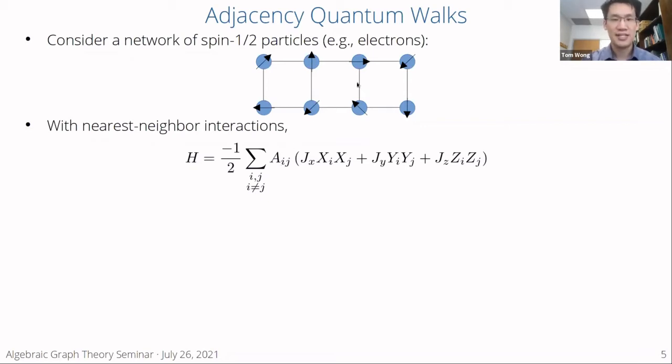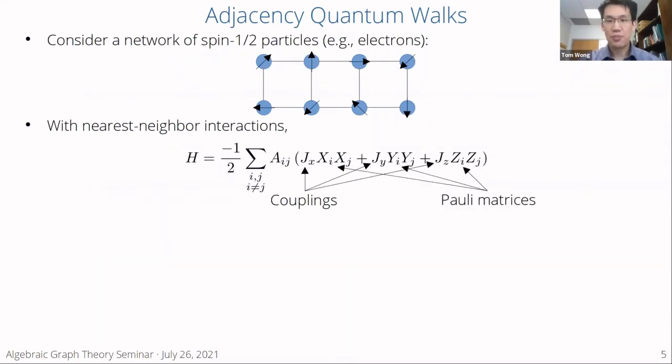If they're not adjacent to each other, then this term will be 0, so there won't be any interaction. These terms Jx, Jy, Jz are couplings that determine the strength of each direction of spin interaction. Those are just numbers, and sometimes some of them could be 0. And then x, y, and z are the Pauli matrices.